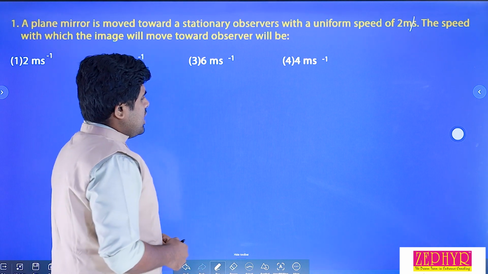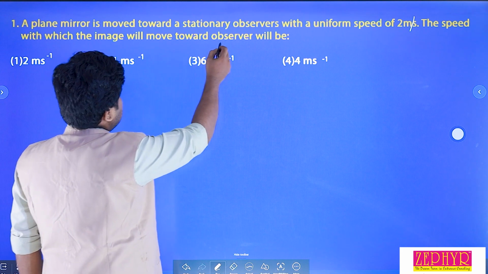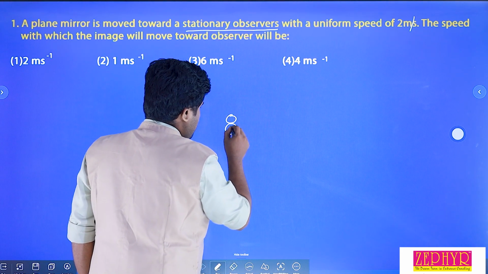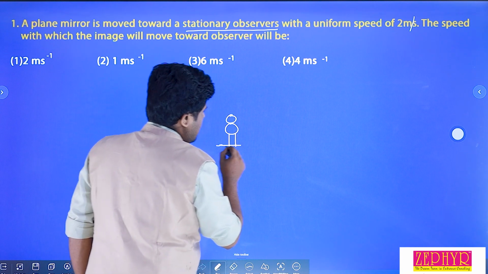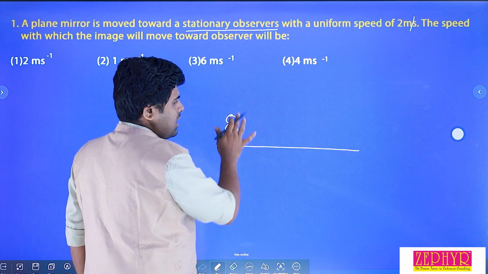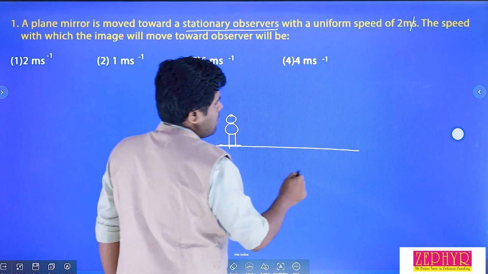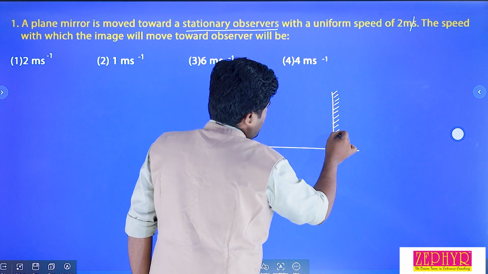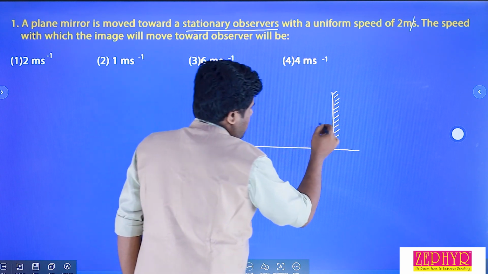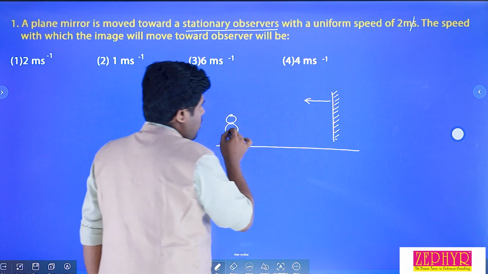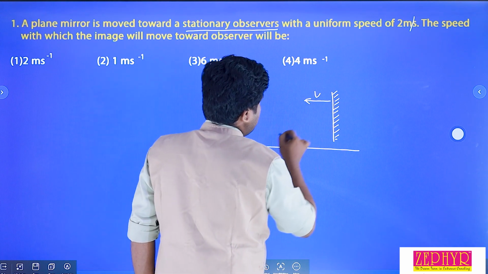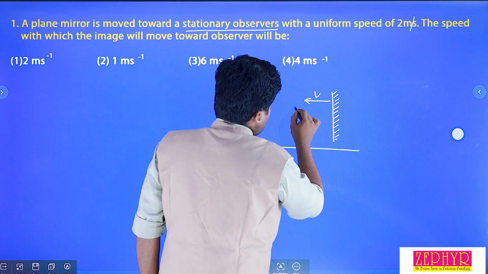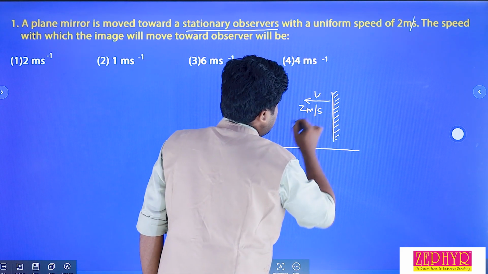Here the observer is stationary, that means he is standing in a particular position. Consider this one is the plane mirror. The plane mirror is moving towards the observer with a velocity v, which is equal to 2 meters per second.